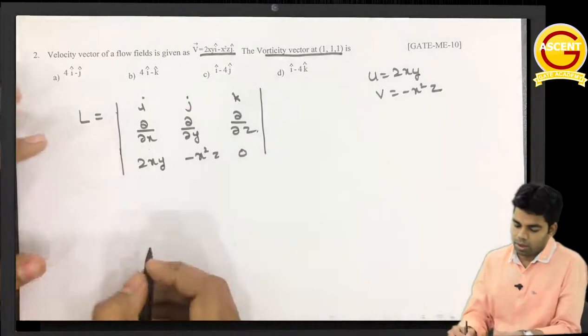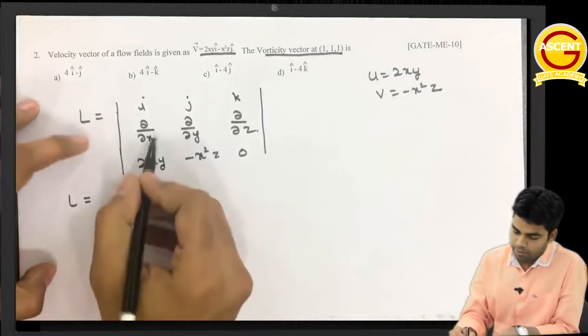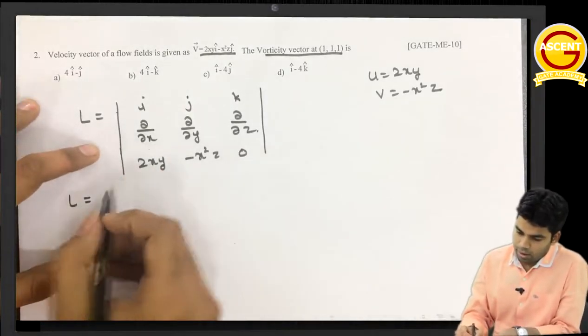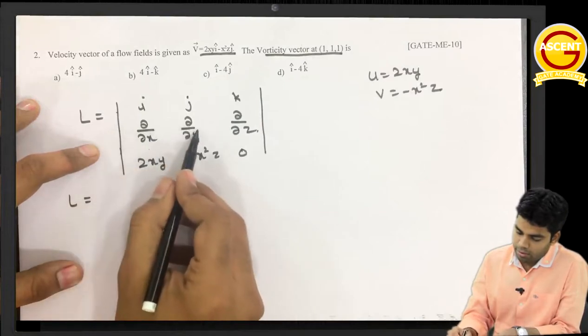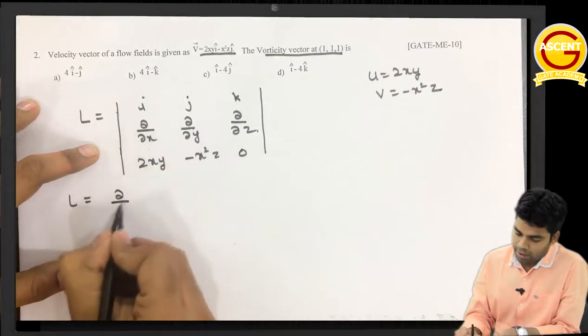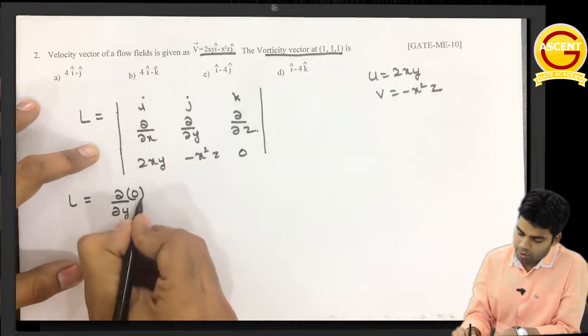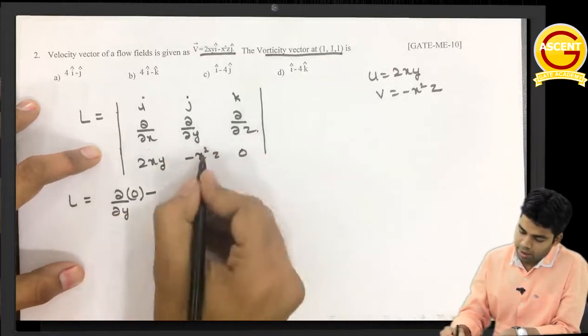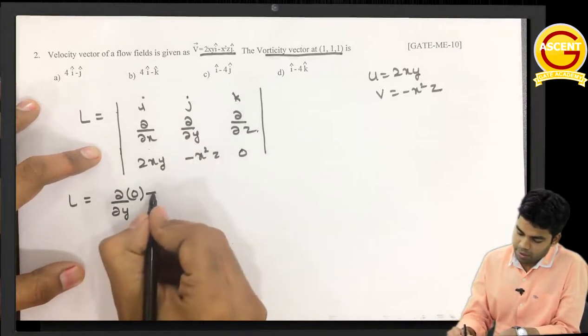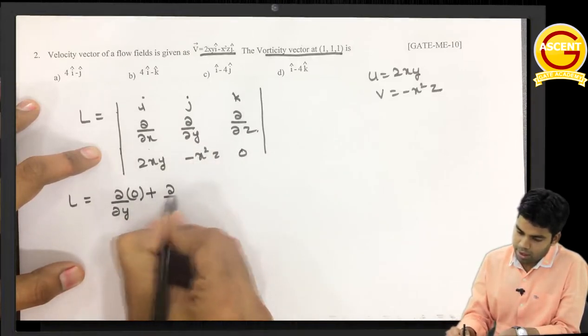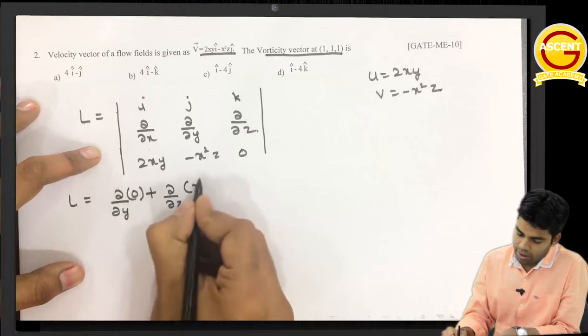Now this vorticity vector will be equal to i times del w by del y minus del v by del z. Del of 0 by del y minus del v by del z, so this minus minus will be plus, and this will be del by del z of x square z.